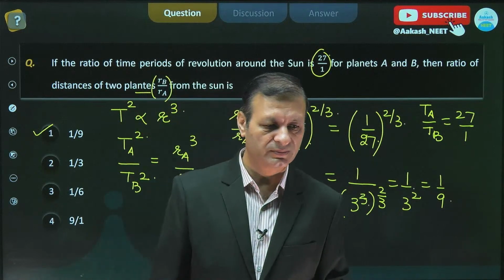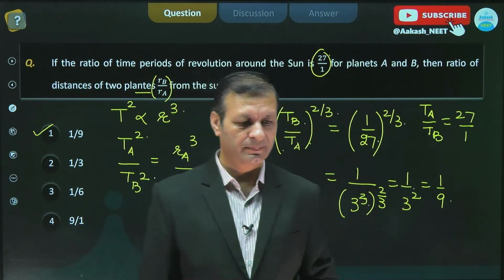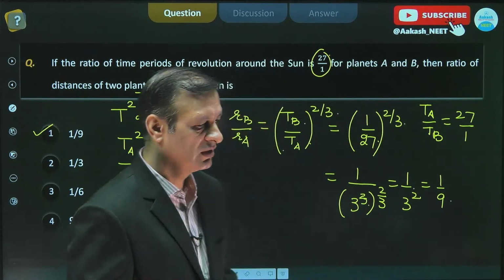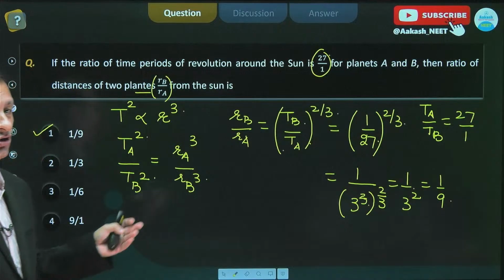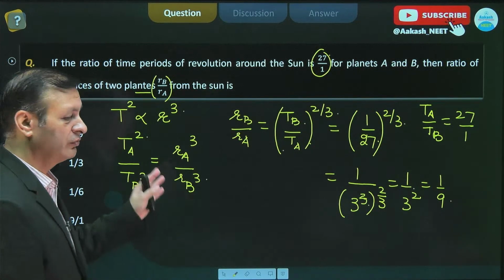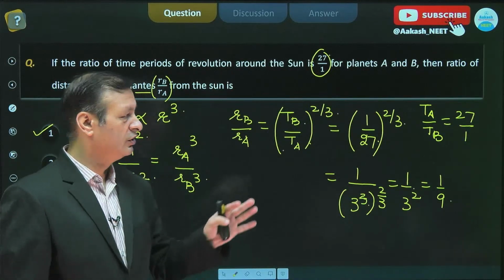Any doubt? So this is again a very fine numerical based on the law of periods from Kepler's law. Any doubt from this part? If you have any doubt, please clear it.